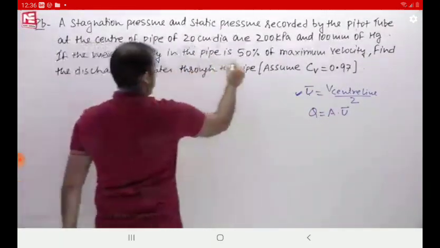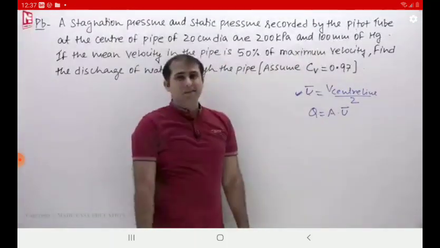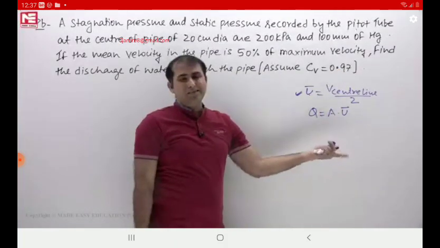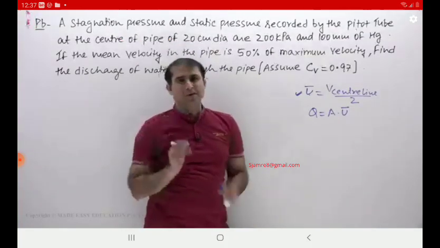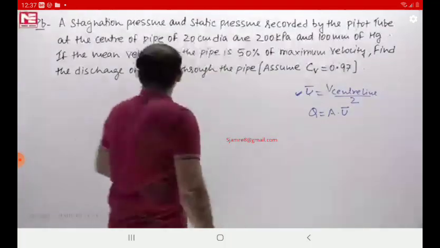Mean velocity, area multiplied by discharge. So the game is connected to center line velocity. This is maximum velocity.